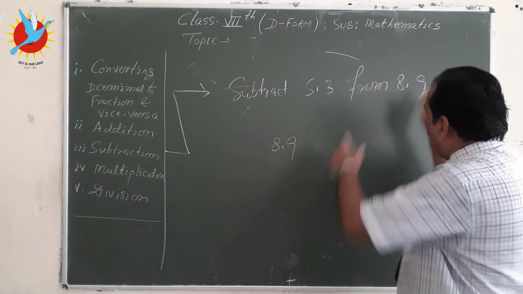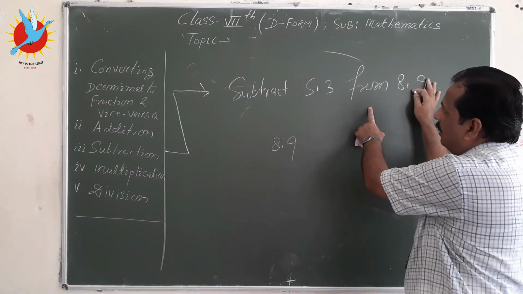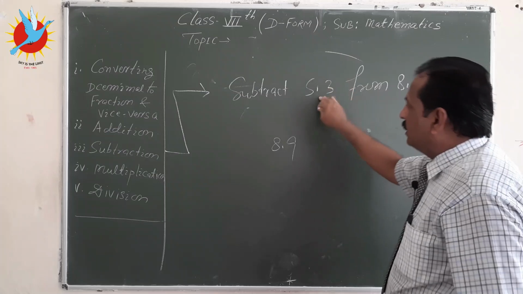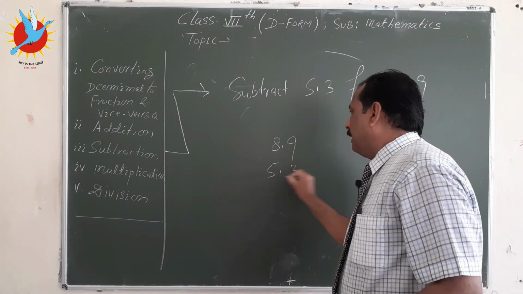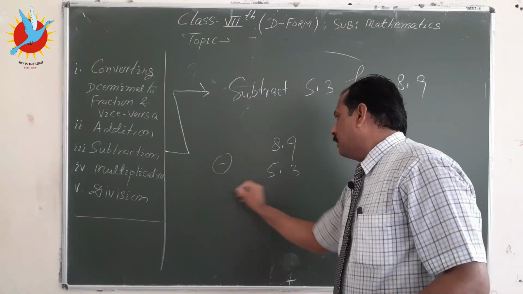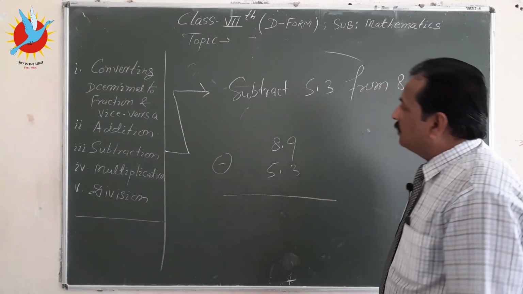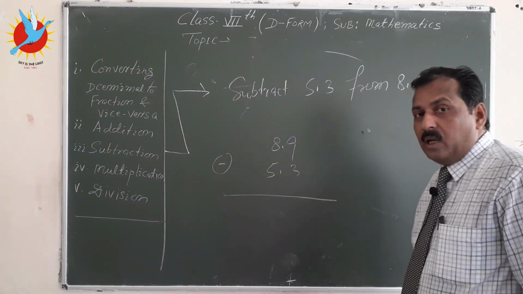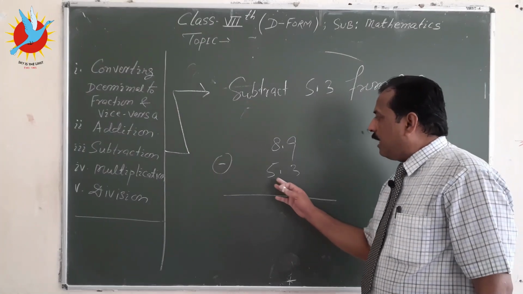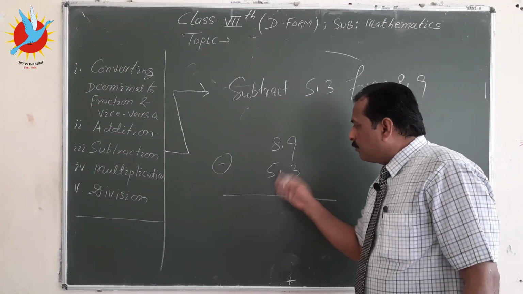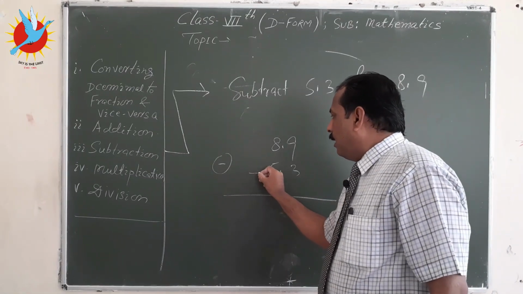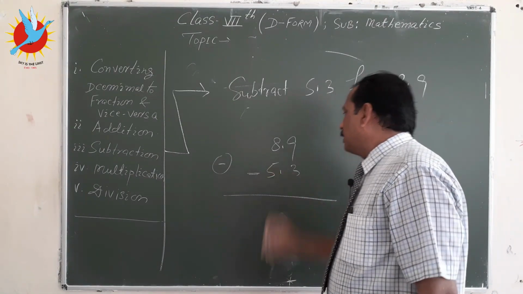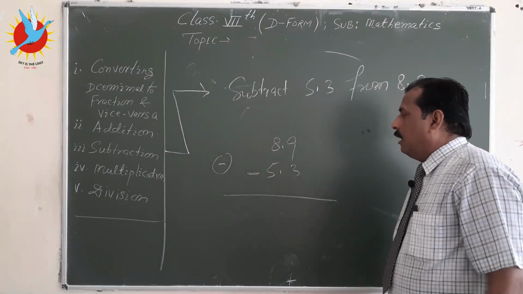So, from this has to be subtracted. So, this will be written in the second row, 5.3, and this is the case of subtraction. Put a line, and what is the rule? I told you in previous sessions that the sign of this number in the second row has to be reversed. So, this is minus.